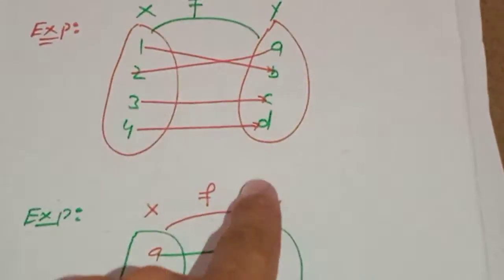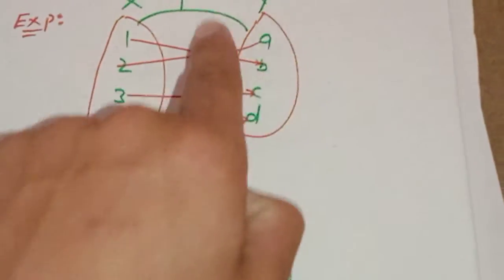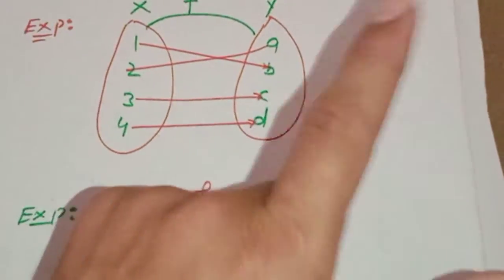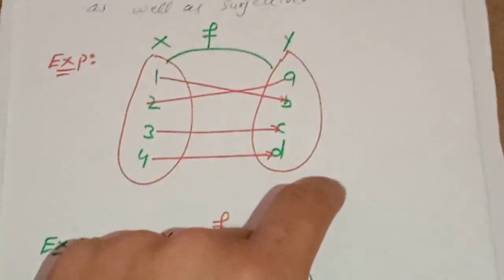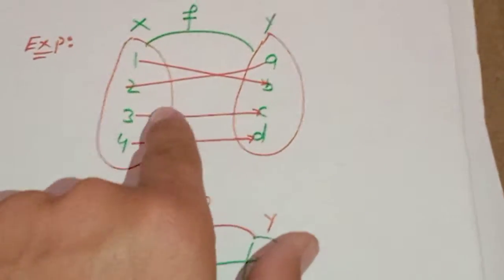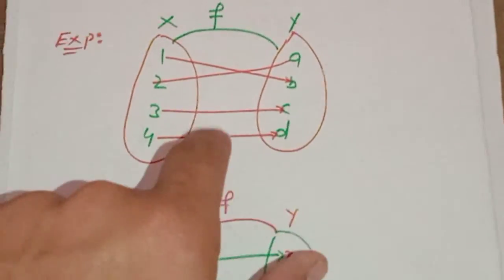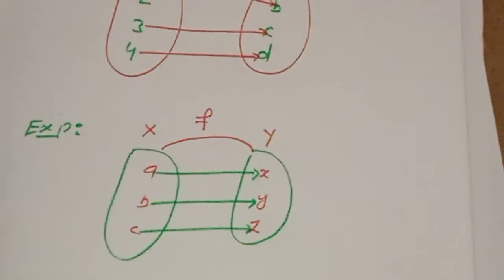So there is no element left. All the elements of set Y are used. So this is a one-one function and also an onto function. So we can say that it is a bijective function.